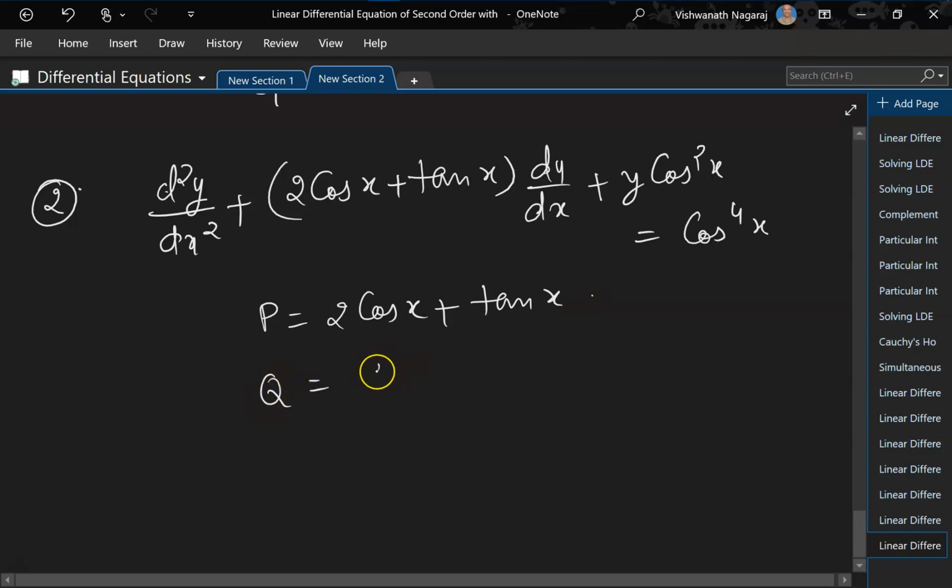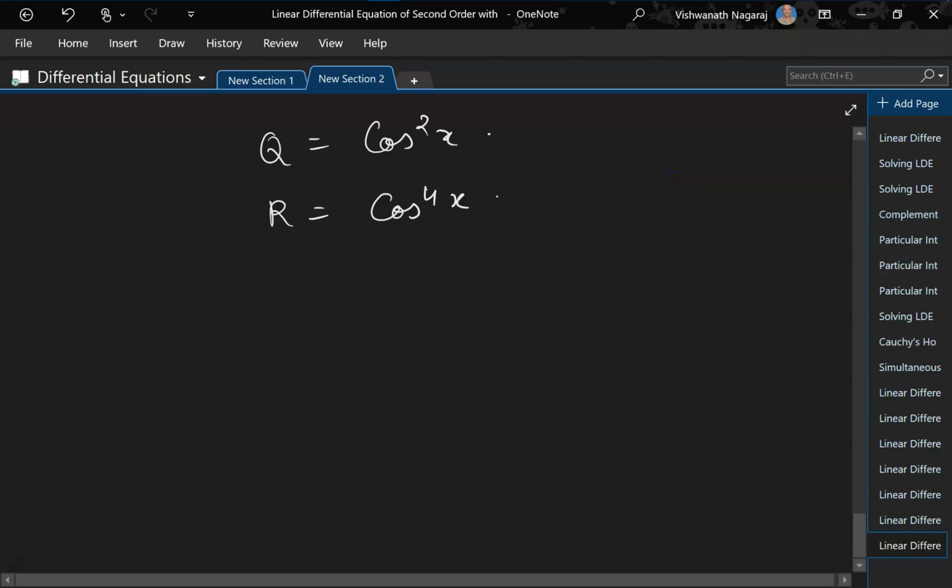Q is equal to cos square x. R is equal to cos 4x. Right? Straightforward, dz by dx square is equal to the magnitude of Q. Anyhow, negative is not there, so cos square x.